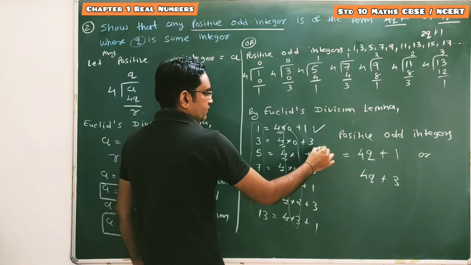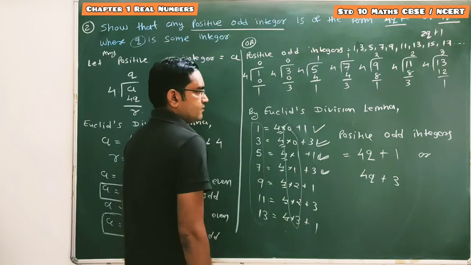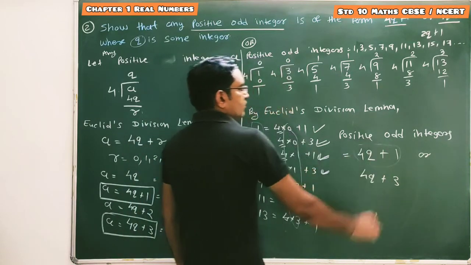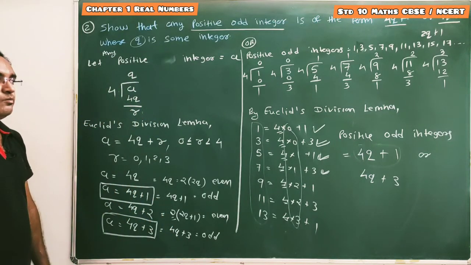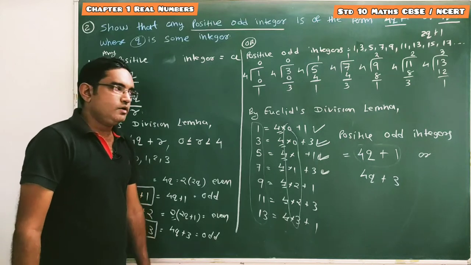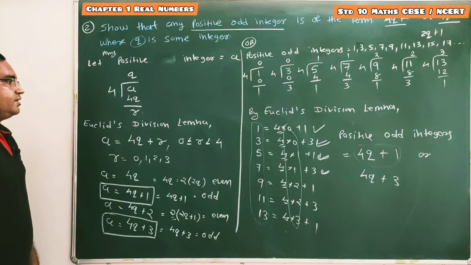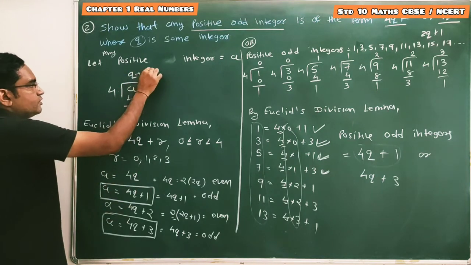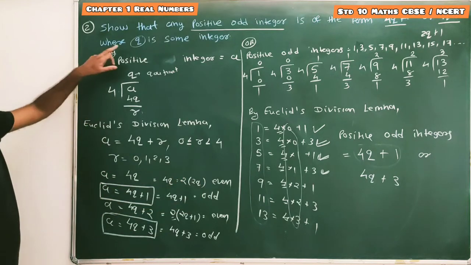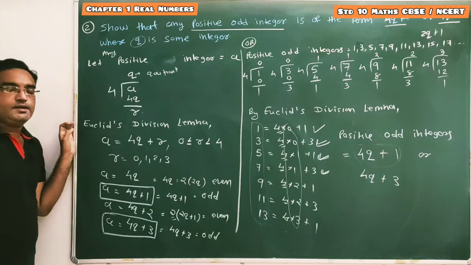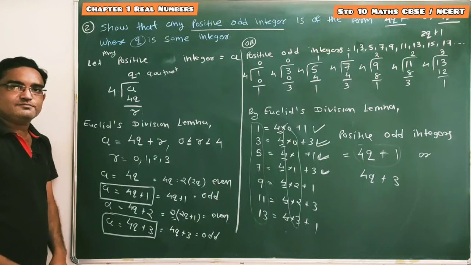This is 4q plus 1, this is 4q plus 3, this is 4q plus 1, this is 4q plus 3. So we can say that all positive odd integers are in the form of 4q plus 1 or 4q plus 3, where q is some integer. Here q is the quotient. Clear friends? Now pause this video and note it down.